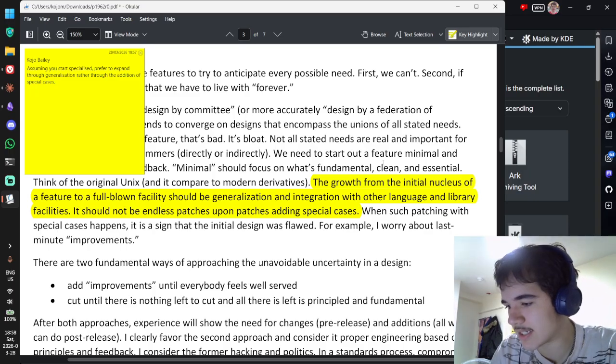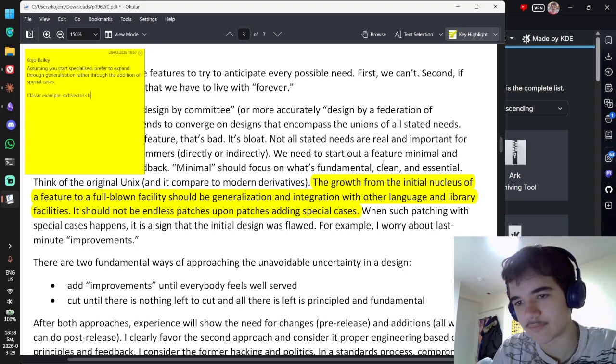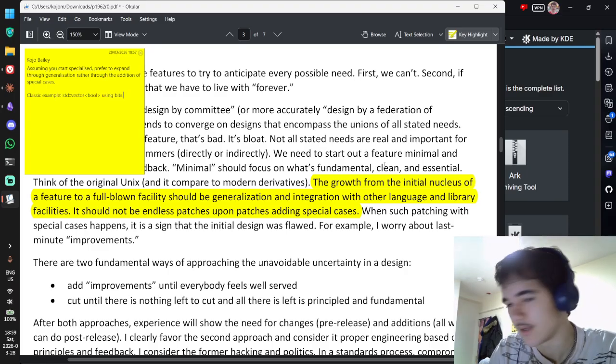For example, the classic example: standard vector bool using bits. That just creates issues. The better thing to do would have been to create a bit vector class, probably, and then bit vector would just be a bool, obviously.